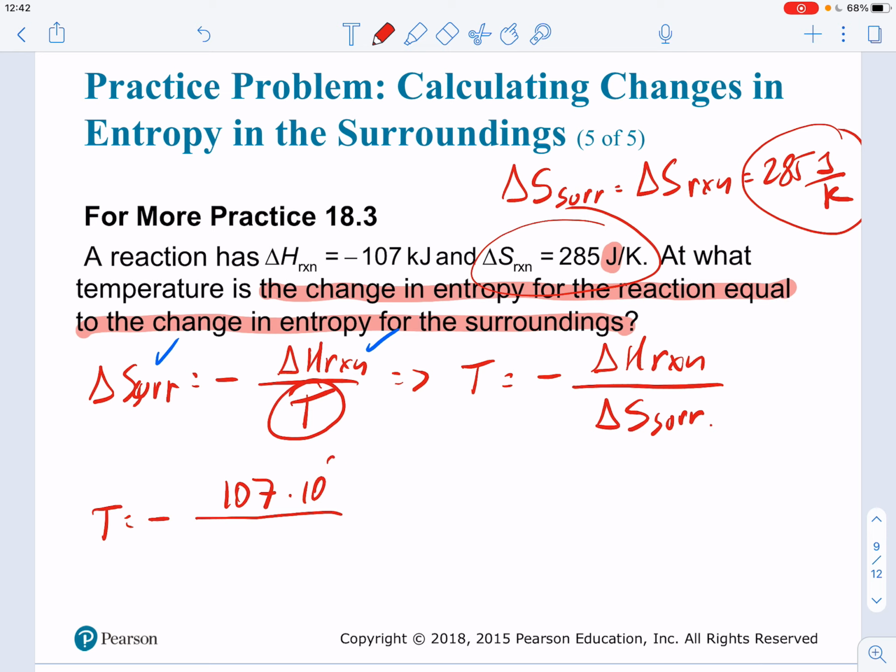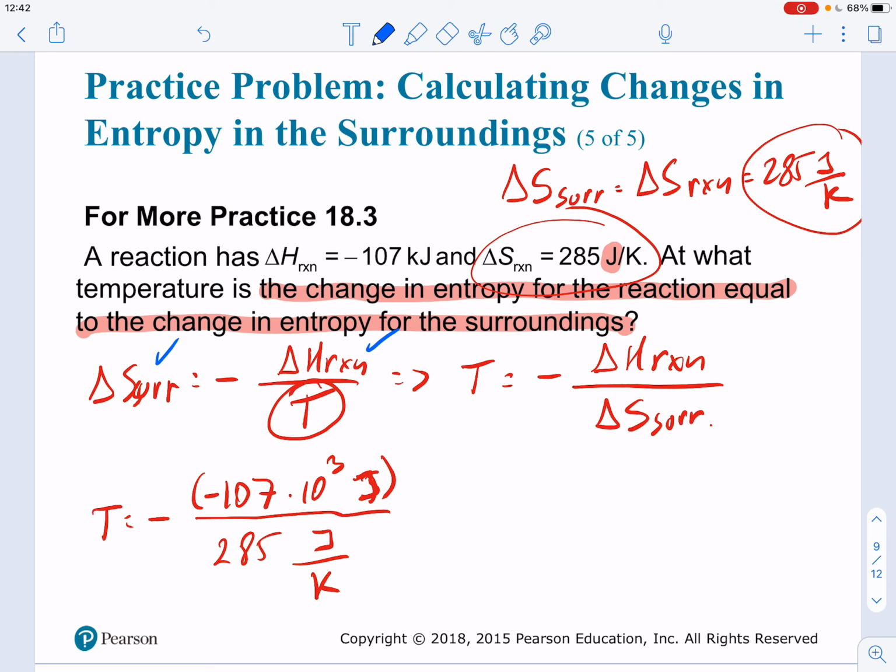So this is 107 times 1000 joules, and it's negative, let's not forget that. And the change in entropy of the surroundings is 285 joules per Kelvin.